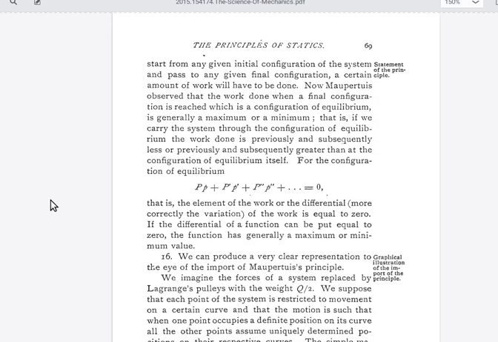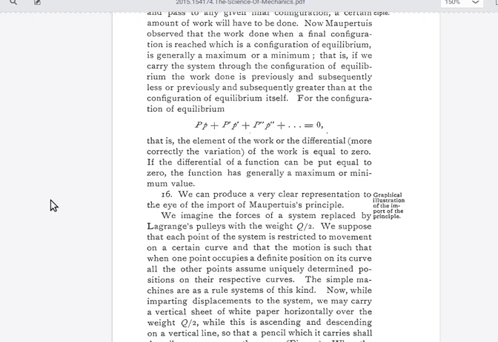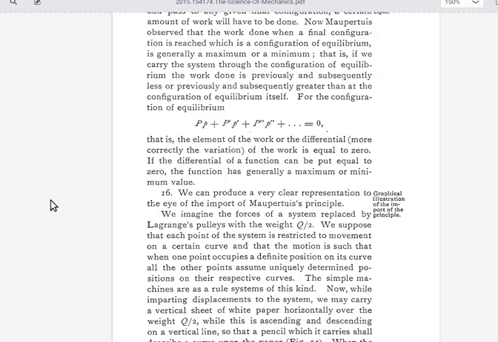For the configuration of equilibrium, pp plus p prime plus p double prime, and so on equals zero. That is, the element of the work, or the differential, more correctly, the variation of the work, is equal to zero. If the differential of a function can be put equal to zero, the function has generally a maximum or minimum value. We can produce a very clear representation to the eye of the import of Maupertuis' principle.